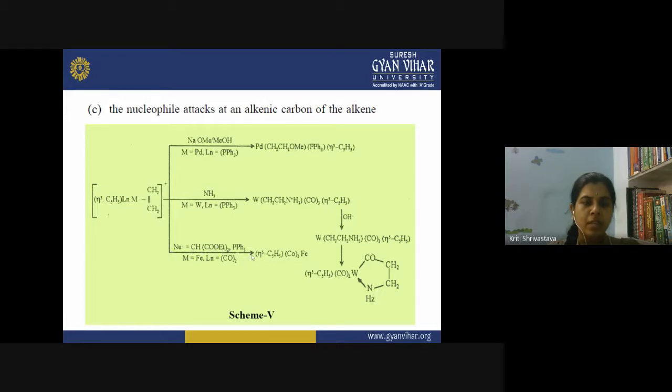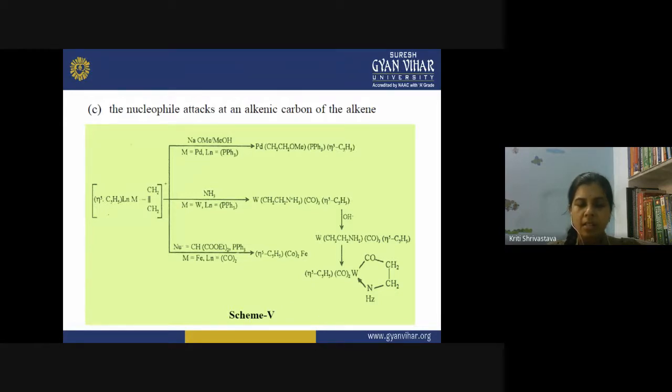CHCOOEt twice, and PPh3, that is triphenyl phosphine. So when it attacks over the ligand, what will happen? The alkene molecule will react with the nucleophile, and it is removed from the complex. So the alkenic carbon actually reacts with the nucleophile. This was scheme 5.